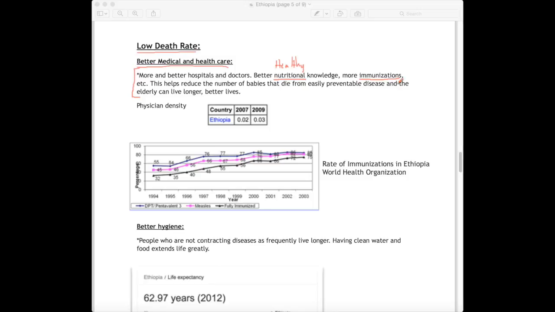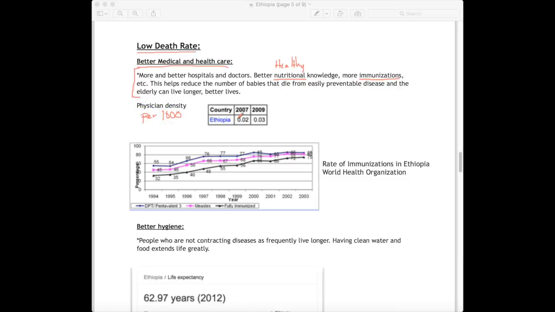Okay, so let's look at some specific information. This one is a little bit hard to figure out with Ethiopia, but I've tried to find some information that might tell us something. We'll look at the physician density. Now, this is not necessarily like the population density. This looks at the number of physicians or doctors per 1,000 people in a population.